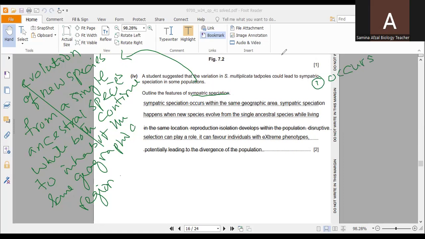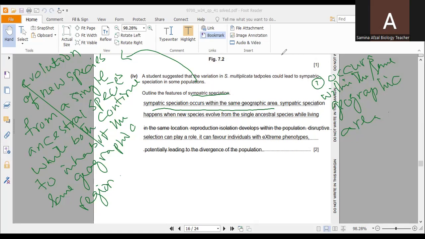Unlike the other types of speciation, as you know, allopatric speciation, where populations are physically separated, here in sympatric speciation new species evolve from a single ancestral species while they are living in the same location.